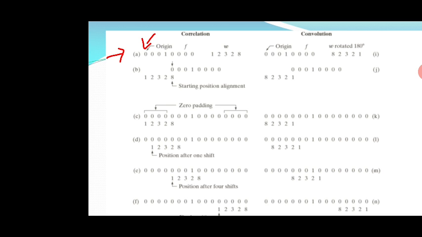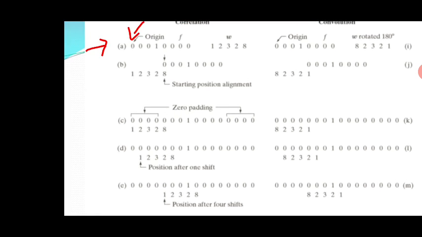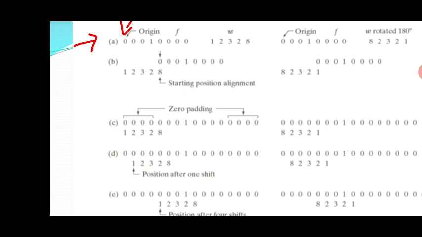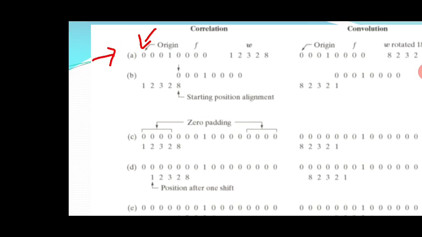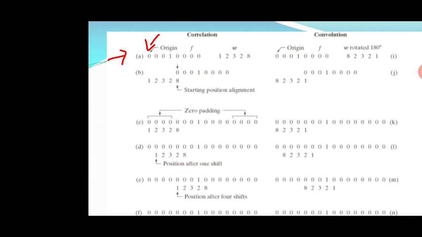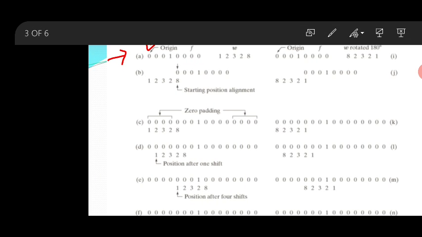What is your W? 1 2 3 2 8. You take this one, 1 2. Now this is your beginning. This 1 is the beginning bit of W, and here is the end bit of W.